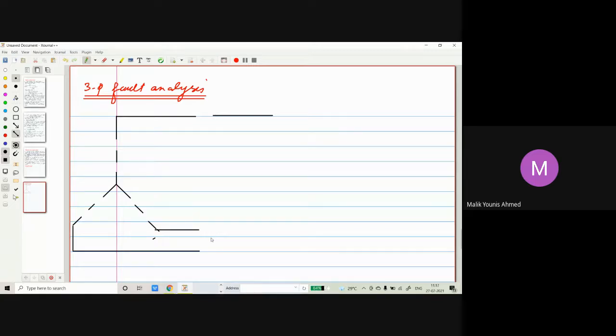What we are trying, a three-phase generator will be connected to a three-phase motor via the transmission line, so that supply will be provided to the motor. That's what we'll draw in the diagram. Then we'll explain it.